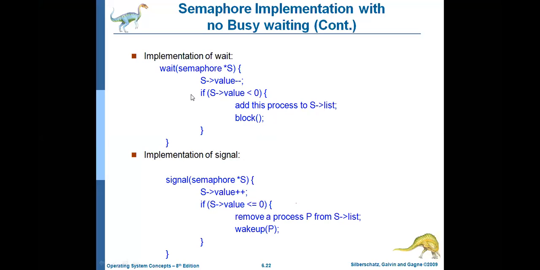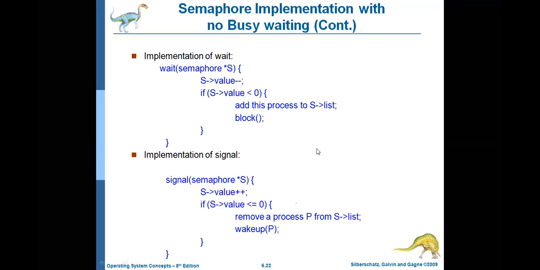Whenever the first process performs the signal operation, the semaphore value becomes more than 0. That means 0 plus 1, it will be 1. So whenever it is greater than or equal to 0, what do we have to do? We need to remove one process from the list.